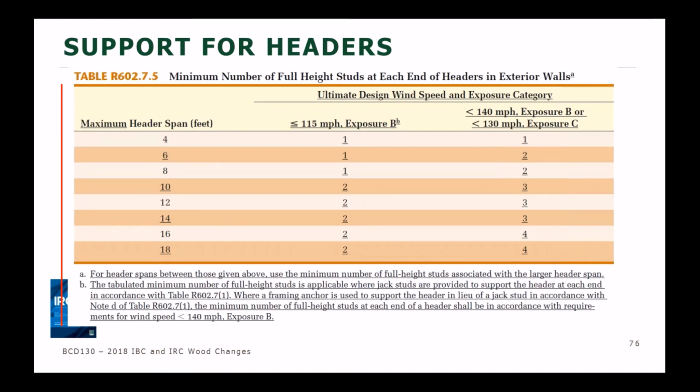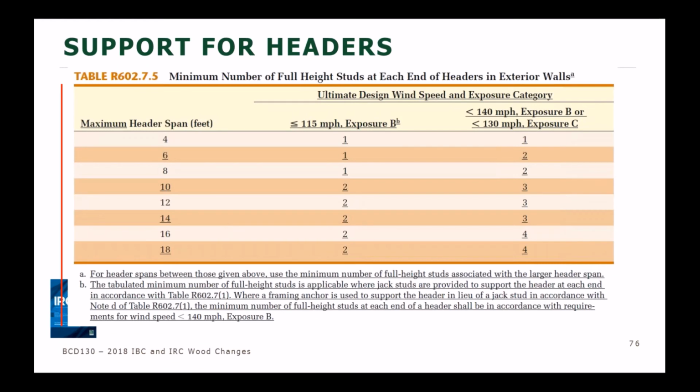And then quickly you need more than one stud. Notice also that this is broken down by wind exposure category. So 115 miles per hour, exposure category B, for an 8-foot header span, I just need one king stud on either end of that header.